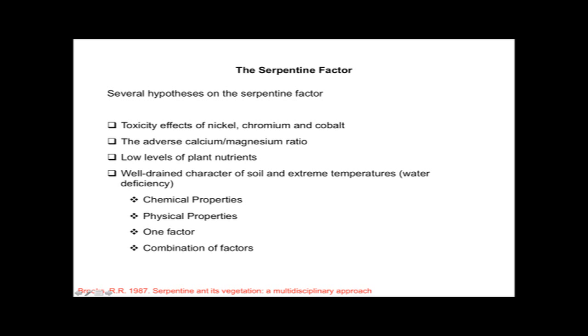So we can group these factors into two major categories: the chemical properties, which are the first three factors, and the physical properties, the fourth hypothesis.